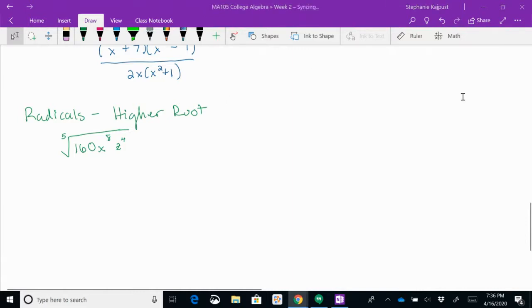So the type of root tells you how you want to group things out when you try to simplify. We want to try to make things in groups of 5, or with an exponent that is 5 or a multiple of 5, because that will allow us to simplify. The first thing I start with is the number. The book just kind of splits these numbers up.